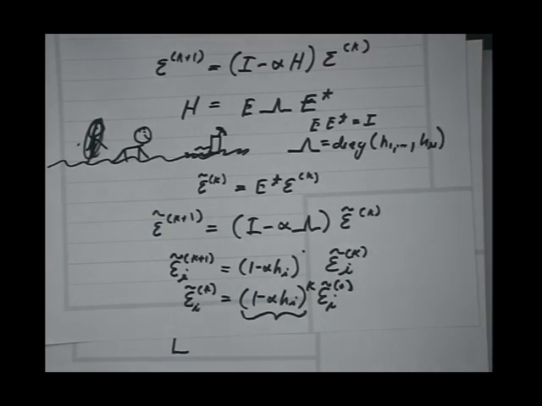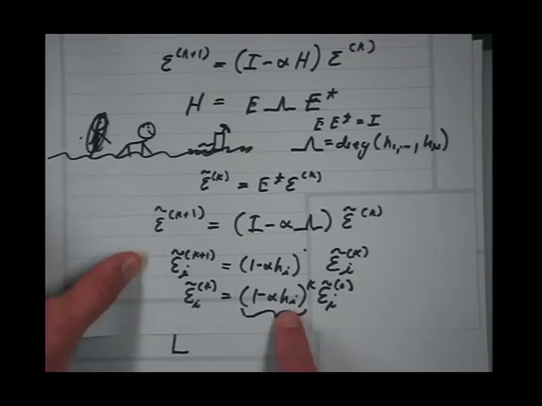And if we can't make it 0, we can at least make it small, right? If you make this 0.1, 0.1 to the power 10 is 1%. So in 10 iterations, you're down to 1% error, okay? But what's the problem? The problem is that alpha is not a function of i, but h is.